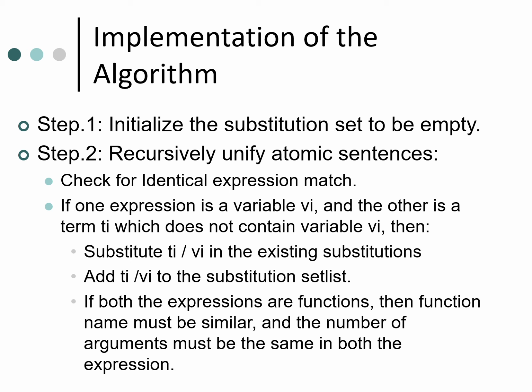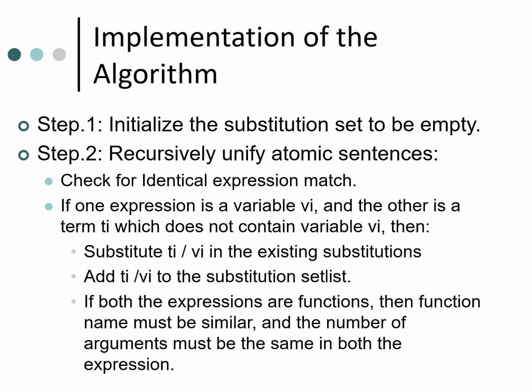We have to identify and check whether the expressions are identical or not. If identical expressions match, you can discard them. If both are not identical expressions, you are supposed to make them identical. For example, in one expression you have a variable vi and in the other expression you have ti.